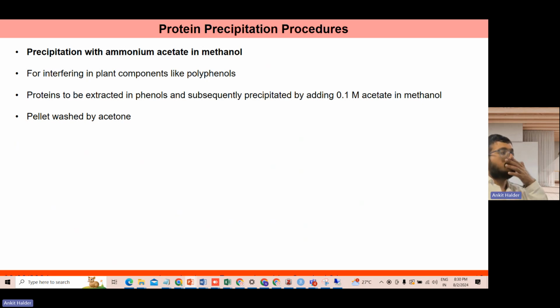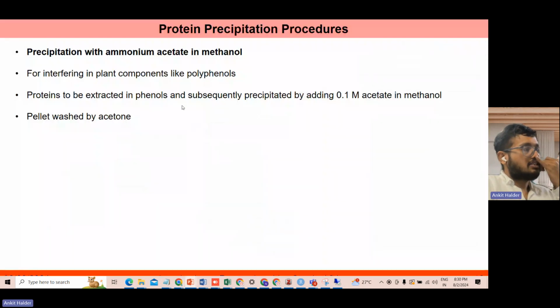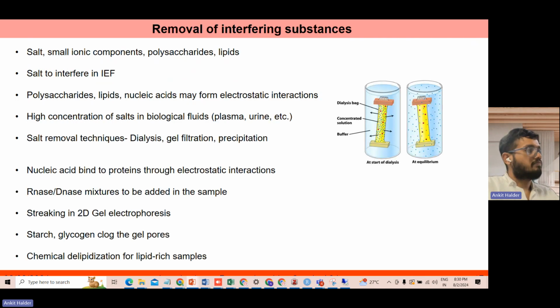So these are the different precipitation methods.